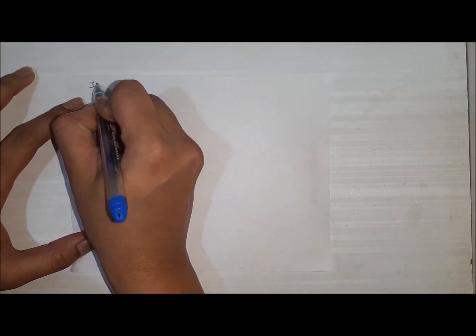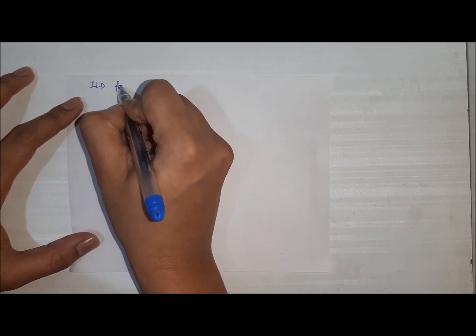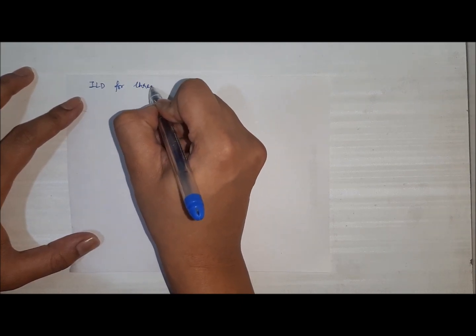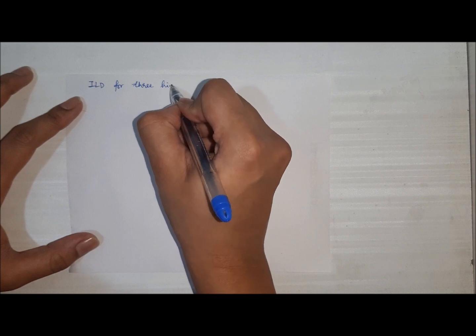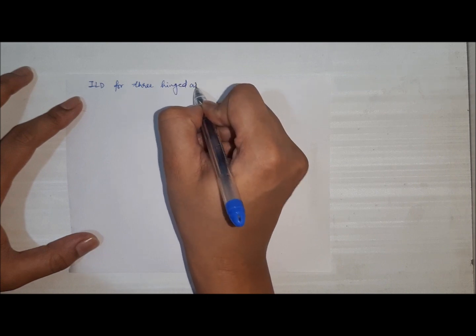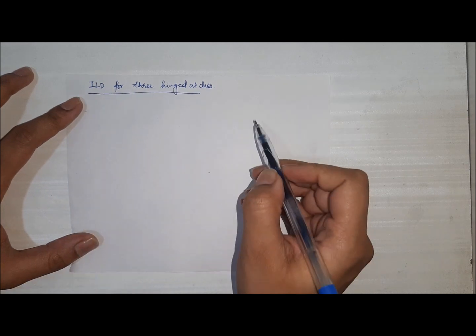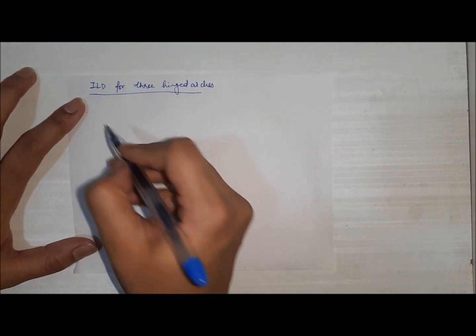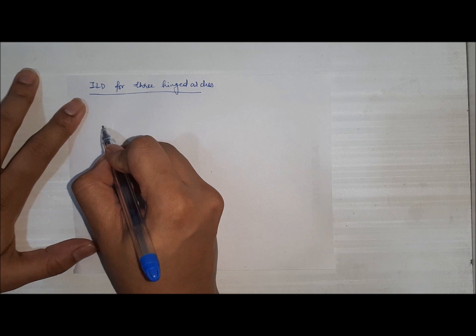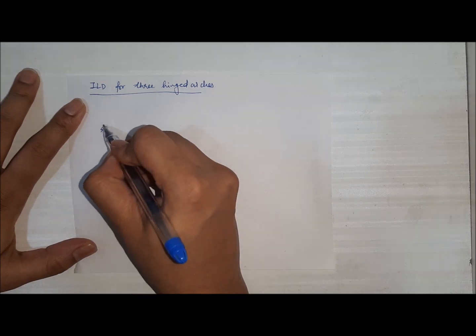Now we come across to plotting the ILDs for 3 hinged arches. Basically a 3 hinged arch has 3 hinges.